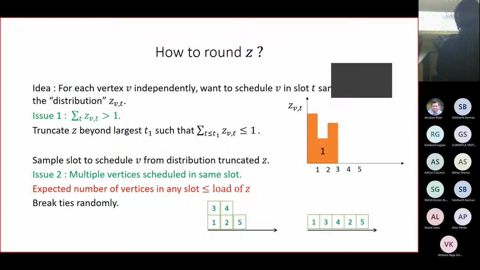As you increase the load, you end up having more vertices in the same slot, but things get also covered faster. But you can trade off this beta so that your cost is optimized. Okay, so this is how we round Z. We choose a slot independently for every vertex, and then for vertices in the same slot, we break ties randomly.